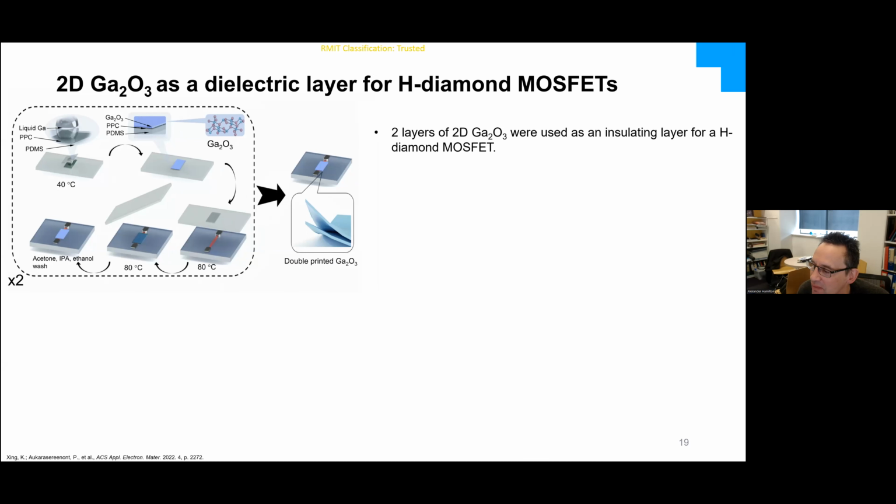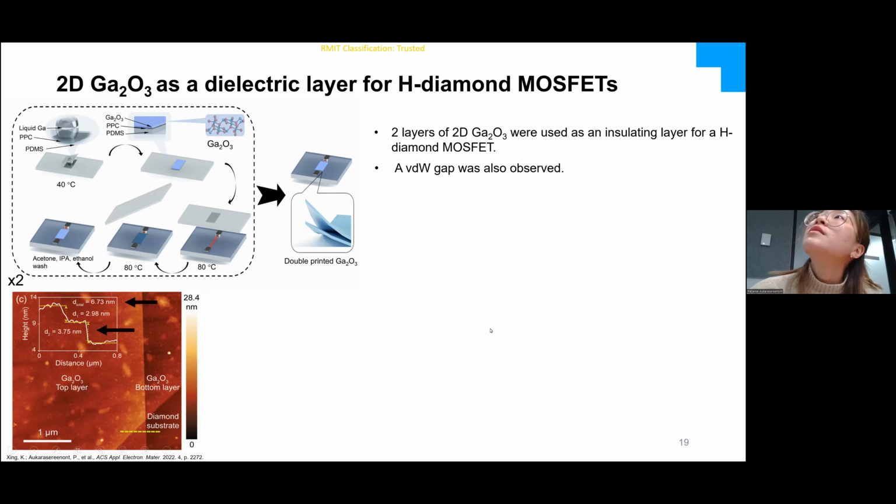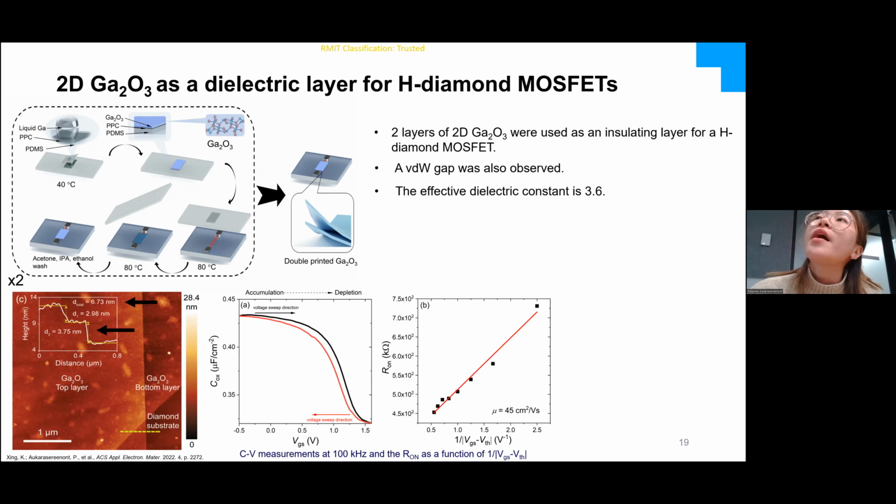Do you know what the mobility looked like? I think it was 45, which is kind of okay for H-terminated diamond. The main aim of this paper was to demonstrate that we can use gallium oxide as a protective layer and dielectric layer.